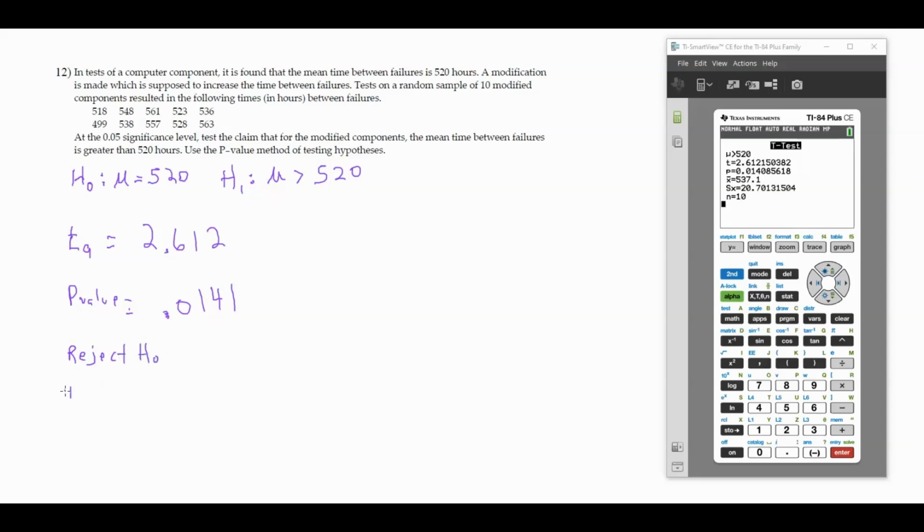There is sufficient evidence to support the claim. What claim? That the mean, what does mu represent?